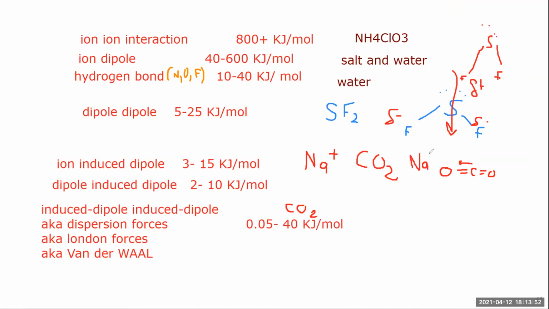It's kind of like, hey, I'm positive, come on, bring those electrons over here. And so this oxygen is going to get those electrons, and it's going to be induced in that direction. But that's only temporary, because those electrons are going to be pulled the other way, because at some point this one's going to get induced as well, because it's a solution of both.